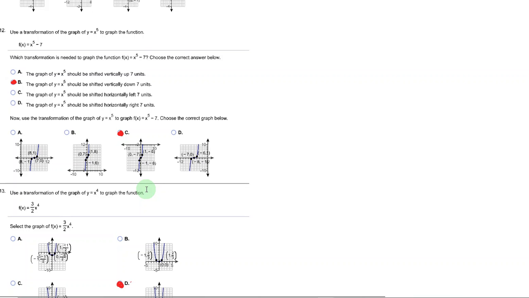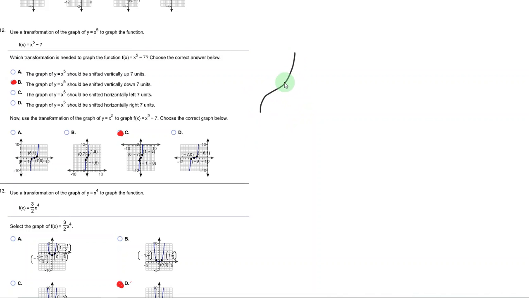Same thing with this one, y equals x to the 5th minus 7. Now this minus 7 is not in parentheses, so that is a vertical shift. It'll go down. So the graph should be shifted vertically down 7 units. And this is like x cubed, but it's x to the 5th, so that's kind of what it looks like.